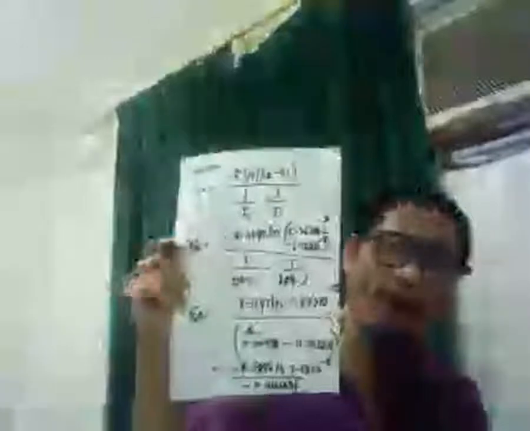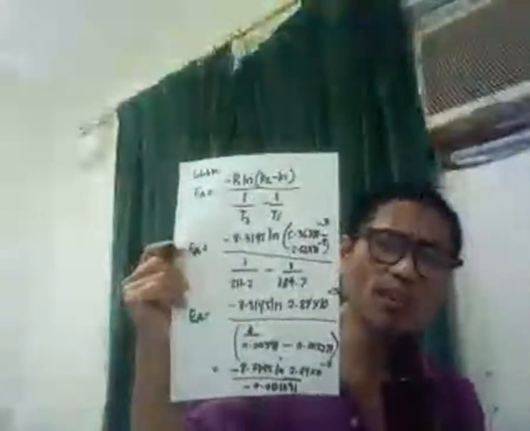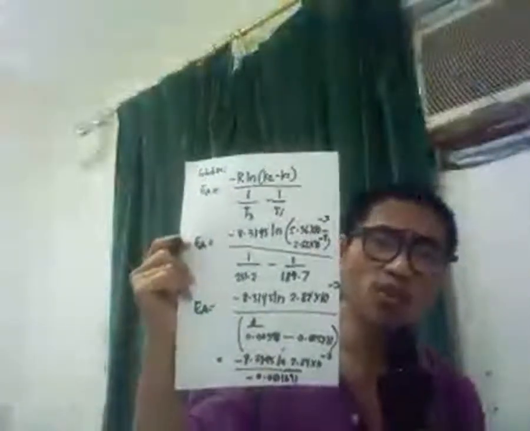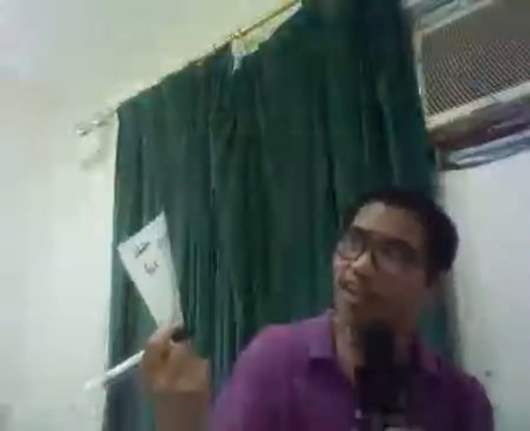Then why is this activation energy in the source I obtained being integrated back to ln K2 minus K1? It should supposedly be ln K2 over K1, the same as the T2 here. Okay, I think there's a theory behind that, which I don't know.